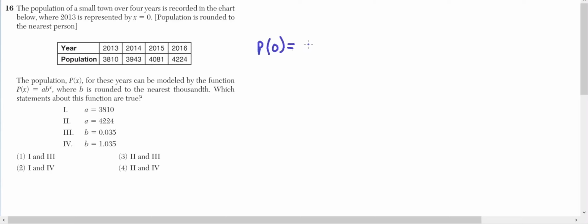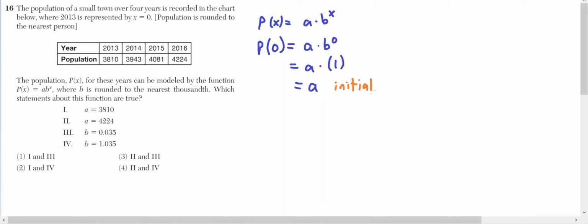If p of x is a times b to the x, then p of 0 must be a times b to the 0. This number is just a times 1, so this is equal to a. And you can interpret this as the initial population. And that's actually what it means to be p of 0 here.